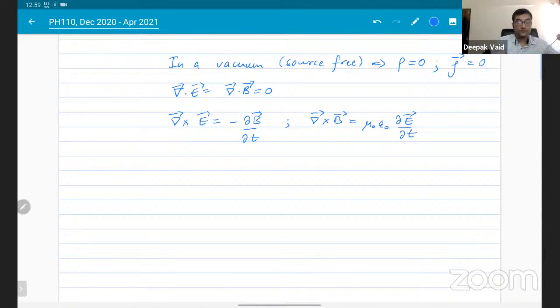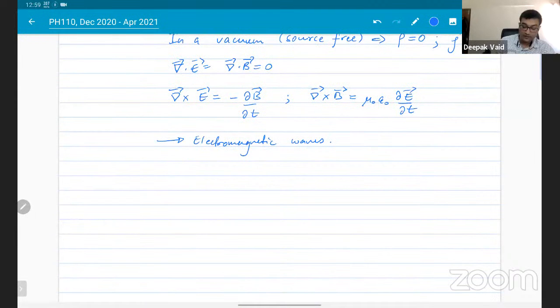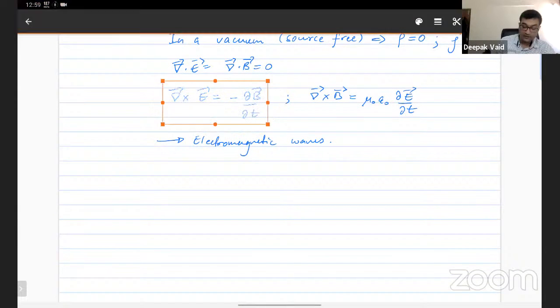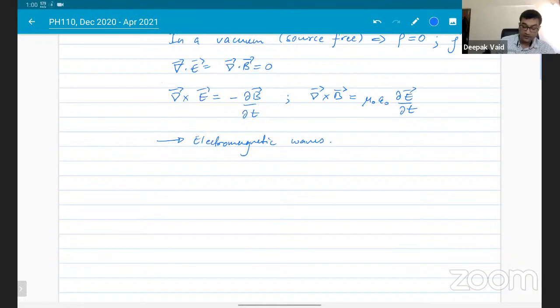Okay, so now what happens is that because of this Maxwell term, we get electromagnetic radiation. We get electromagnetic waves. How do we get electromagnetic waves? In this expression, I have curl of E is equal to minus dB by dt.